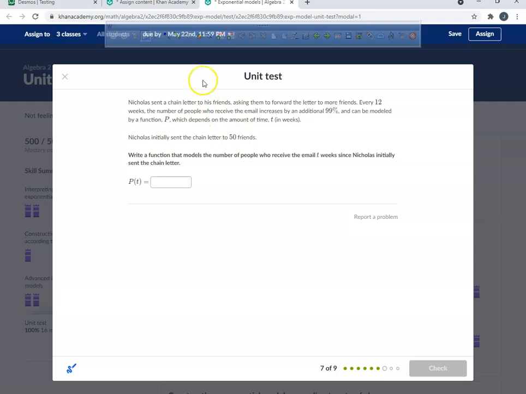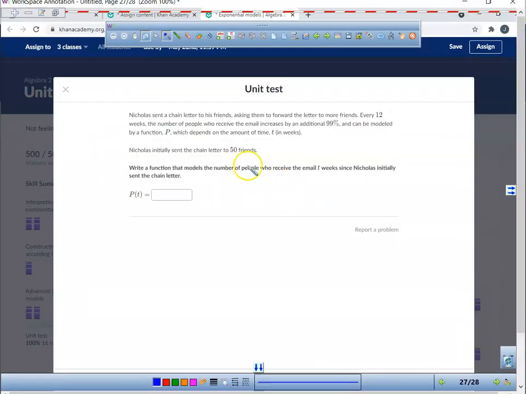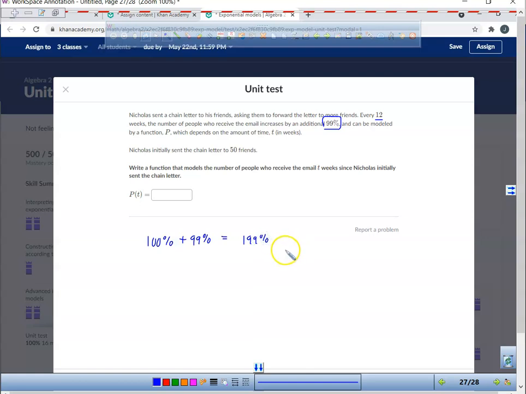All right, Nicholas sent a chain letter to his friends, asking them to forward the letter to more friends every 12 weeks. The number who received increases by an additional 99% every 12 weeks. Okay, so if we have 100% and it's increasing by an additional 99%, that means we're at 199% every 12 weeks.